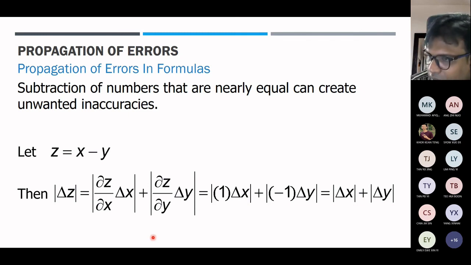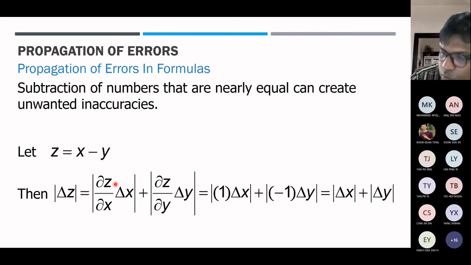Now we convert this into relative terms. Relative terms means delta z over z, where z is the result, x minus y.